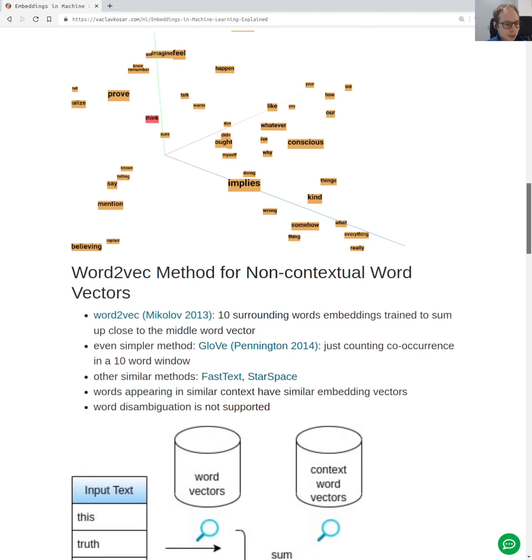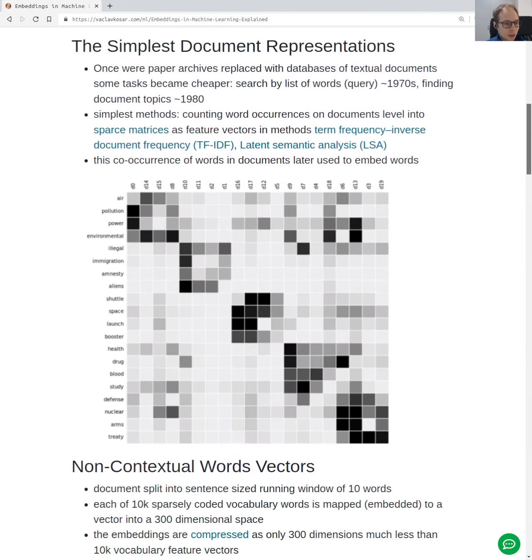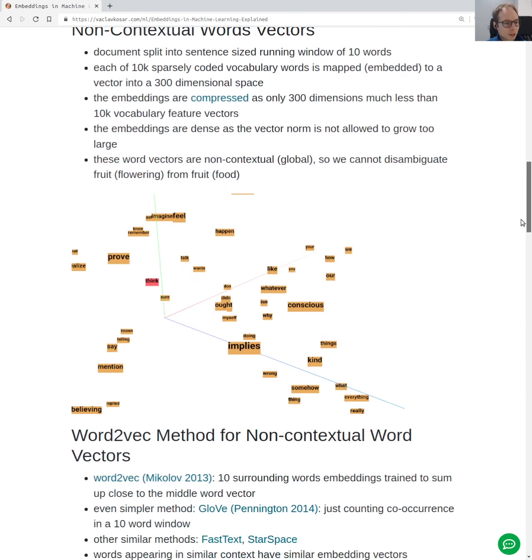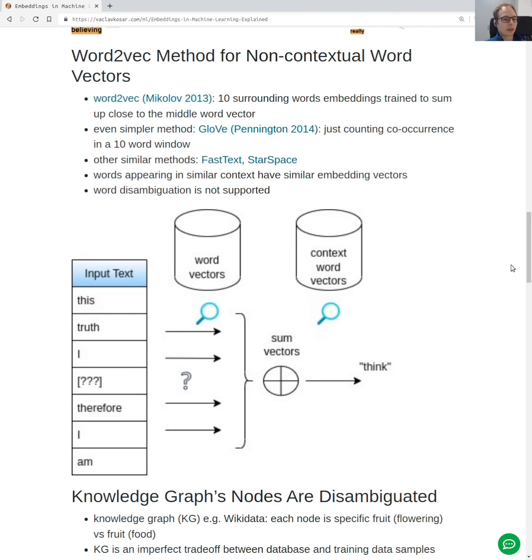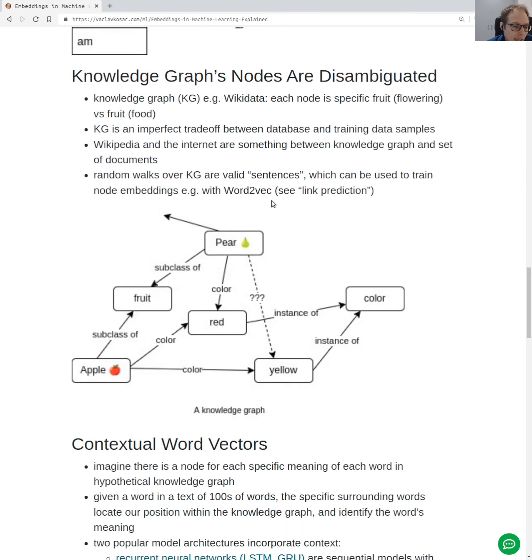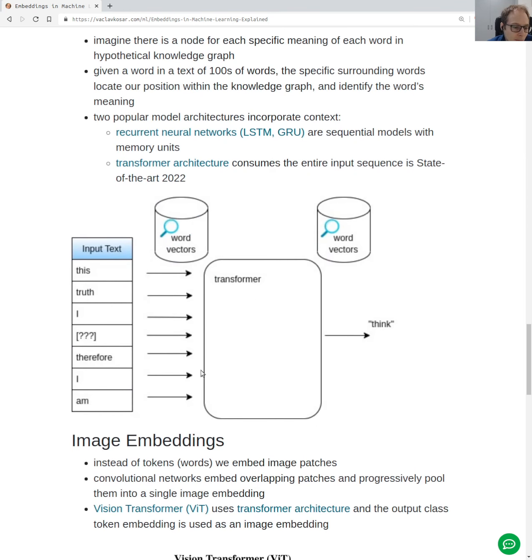In case of the words, we started with documents, counting words in the documents. Then we looked at the word level, represented each word statistically with a single vector, and then we got to this contextual representation where each word is represented by a vector, but based on the context it appears in.